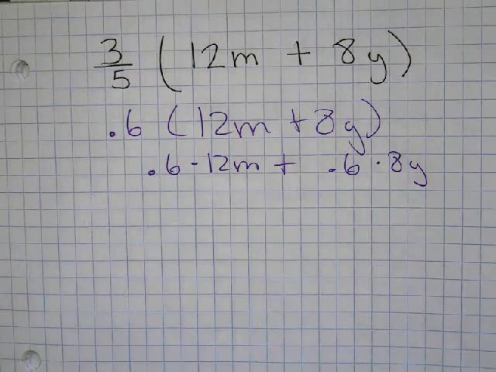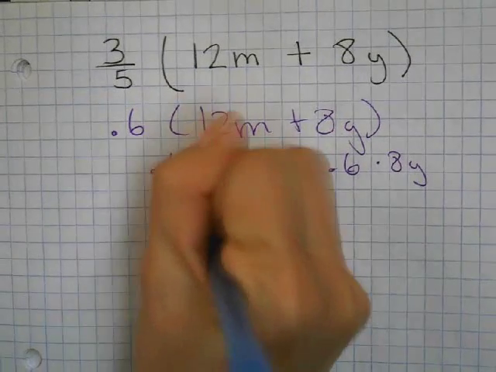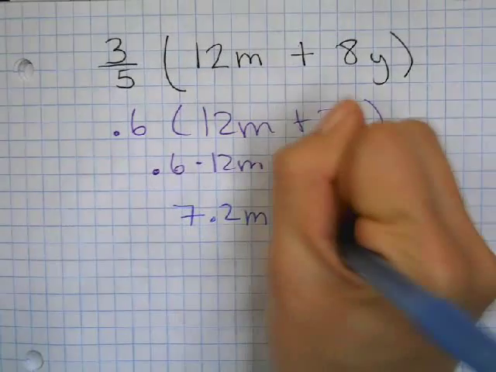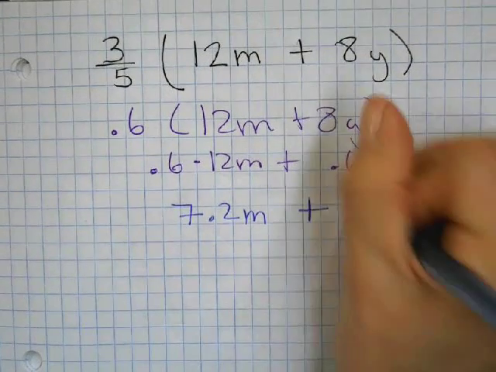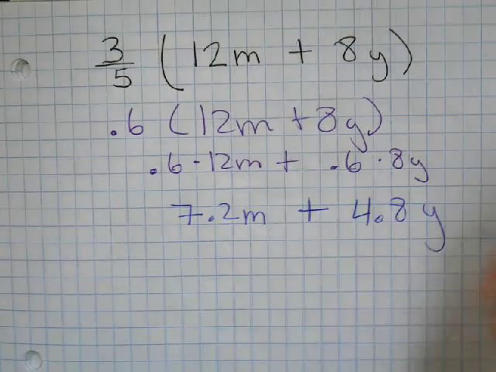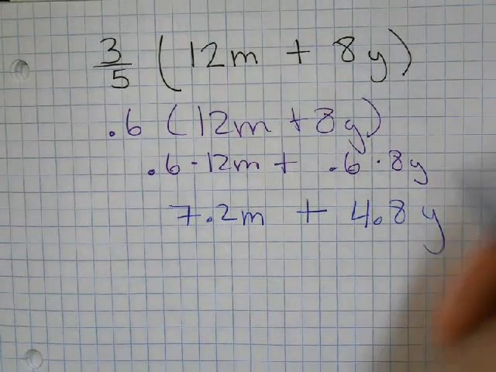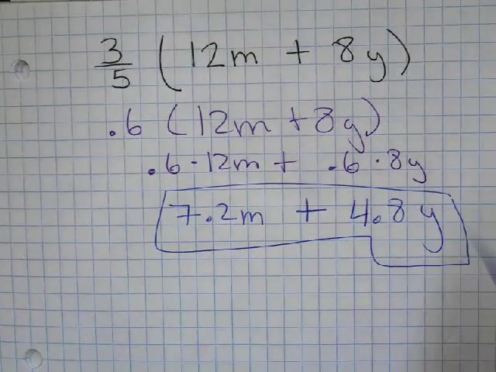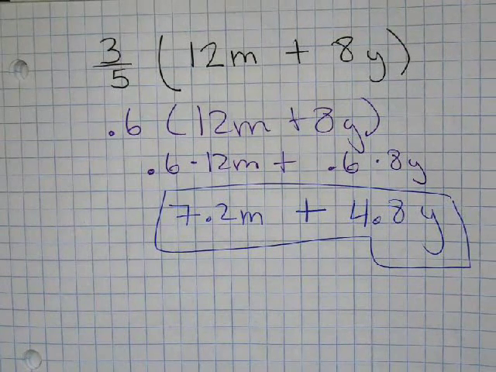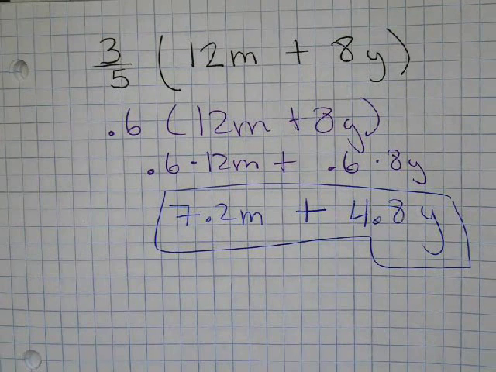Yep, right. 12 times 0.6, so that's 7.2m plus 4.8y. Good. So the easy ones is if they give it to you as the numerator is 1, right? The hard ones are these, but they're really not that hard. You just turn them into decimals.